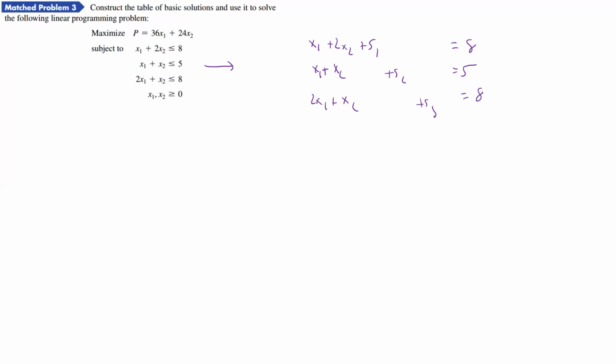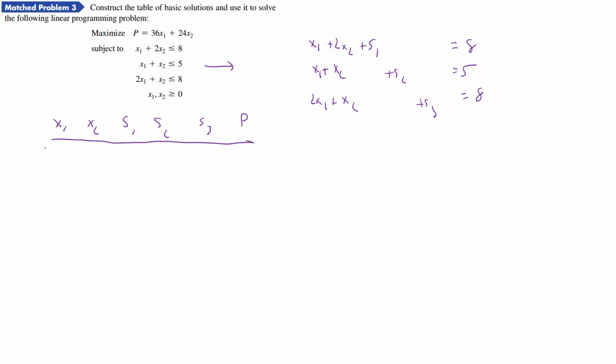So we're going to have x1, x2, s1, s2, s3, then we'll have a p, and it's going to be 10 rows it looks like. So we'll have a lot of calculations to do here. So let's write out what we have: x1, x2, s1, s2, s3, and then our p.